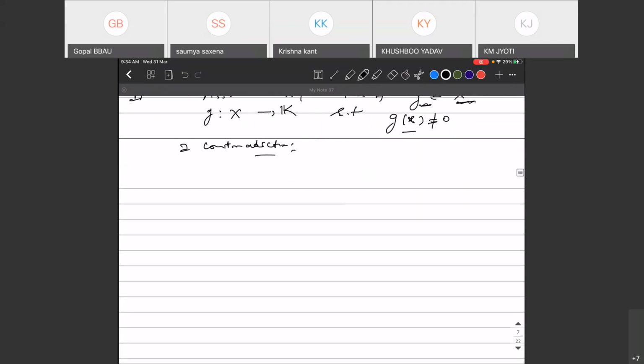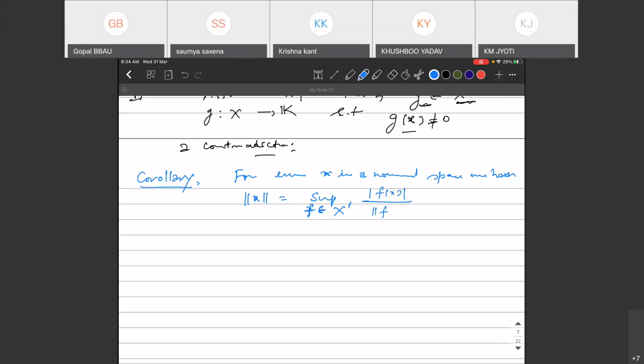Now the next corollary says that for every x in a normed space, we have the norm of x equal to the supremum over all non-zero f in X dash, the dual space, of the modulus of f(x) divided by the norm of f. So it gives you a formula for the norm of x.